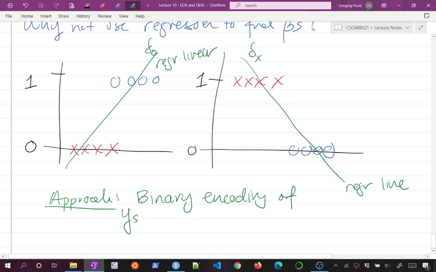So we do it one way and then we do it another way. This is the 2-class problem, but you can imagine doing it for a multi-class problem too. This could be extended pretty easily. And to do this binary encoding of y's and fit a regression line, because basically I've taken it from categorical to now I have actually quantitative data, and so at 0 and 1, I can fit a regression line to that.